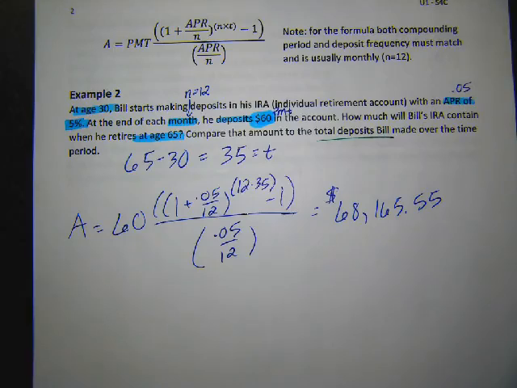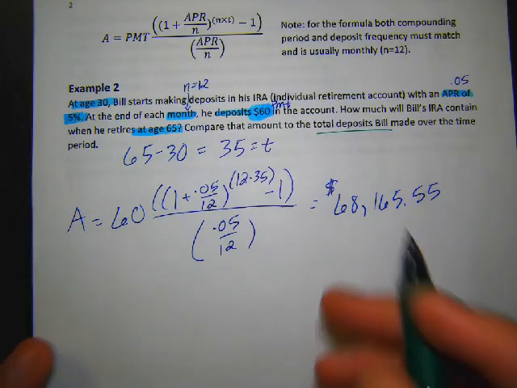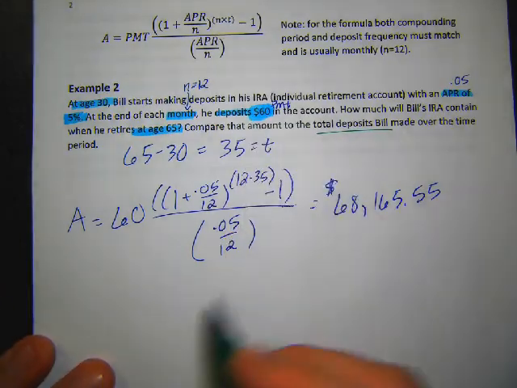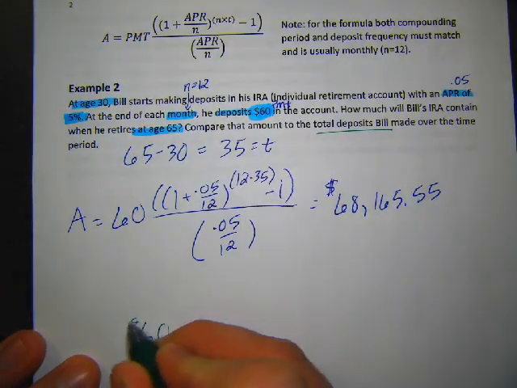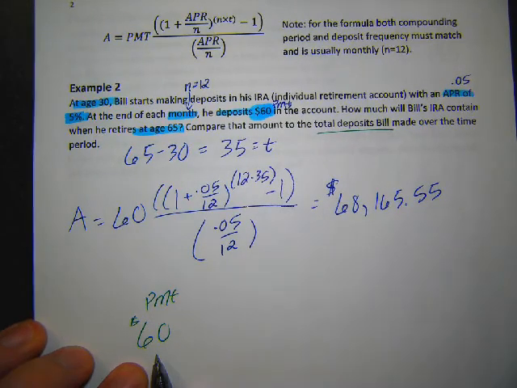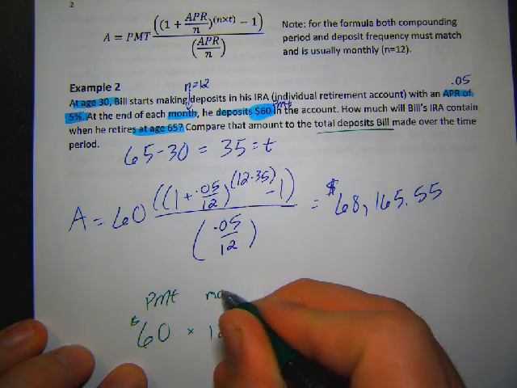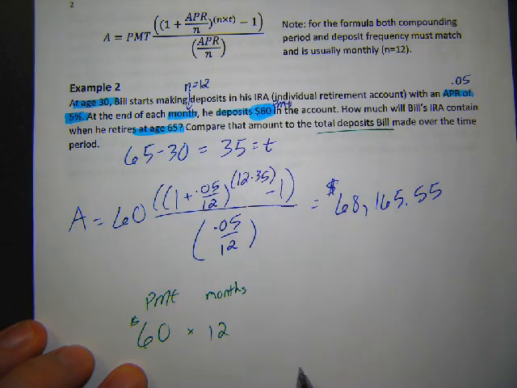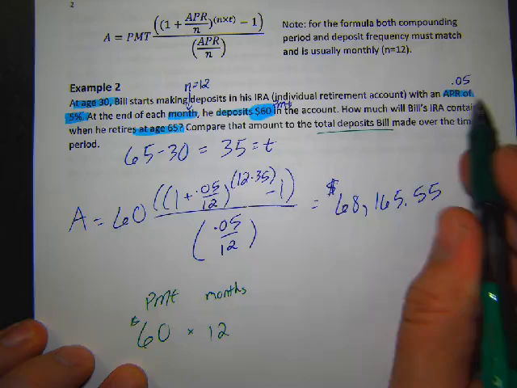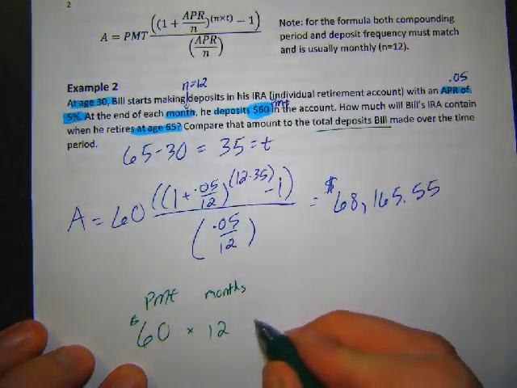There's no special formula for this, but it's pretty straightforward to think about and figure out. We know how much he's depositing each month. He's doing $60 for his payment. We know that's a monthly payment, so he's doing it 12 times a year, the number of months. And because he's making this deposit for 35 years, that 65 minus 30, you can multiply by those 35 years.